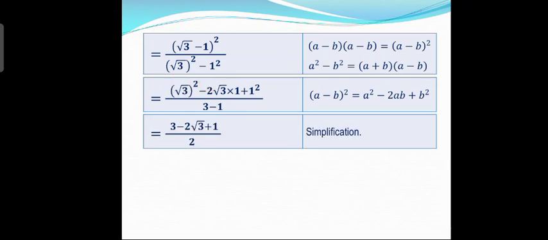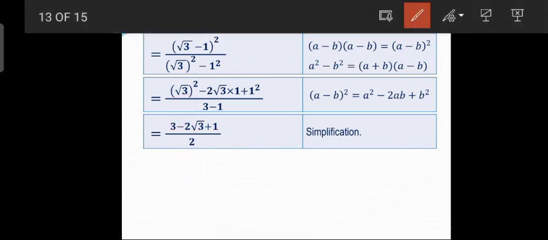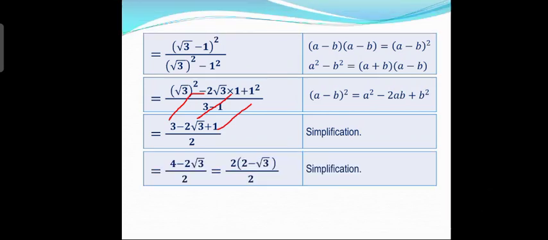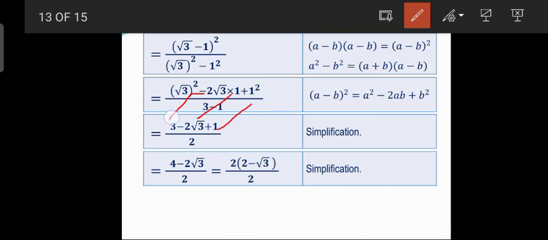After simplification we get 3, because square root of 3 square is 3, minus 2 times square root of 3 into 1, which becomes 2 square root of 3, and 1 square is equal to 1. And now 3 plus 1 becomes 4.